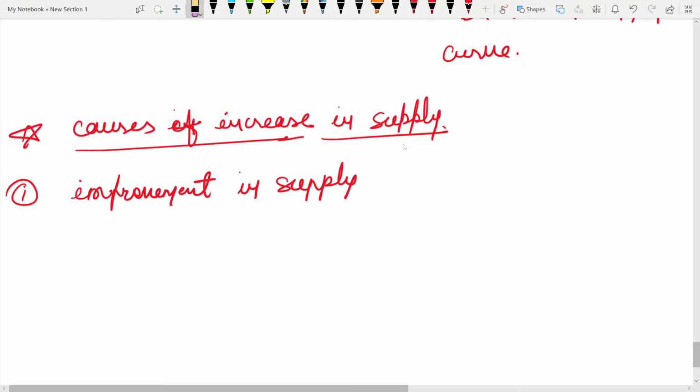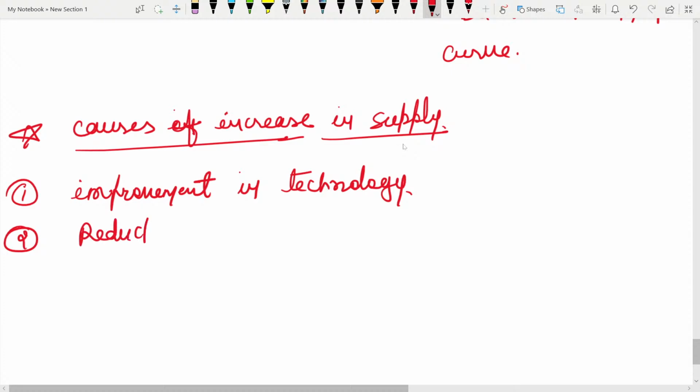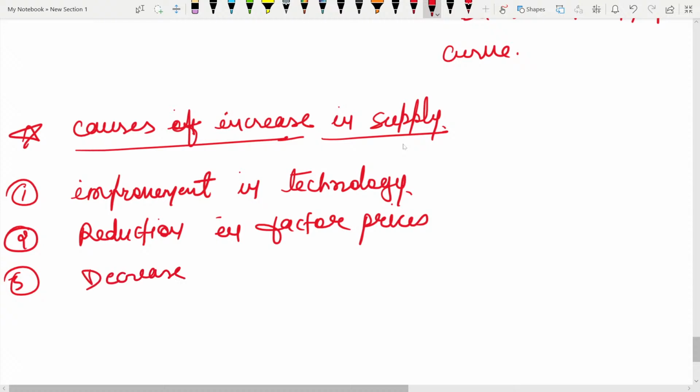Another point, reduction in factor prices, decrease in the price of a competing product.